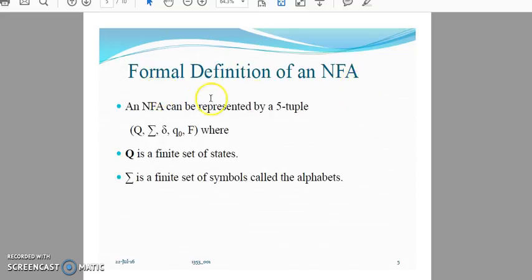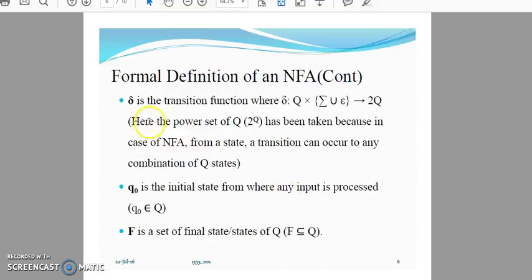Formal definition of NFA. For a given NFA, we have a 5-tuple definition. Capital Q represents a finite set of states, sigma represents the alphabet, a finite set of symbols. Delta is the transition function.